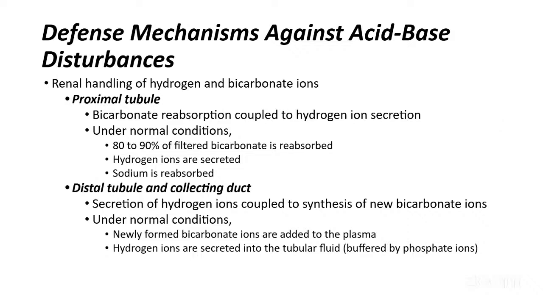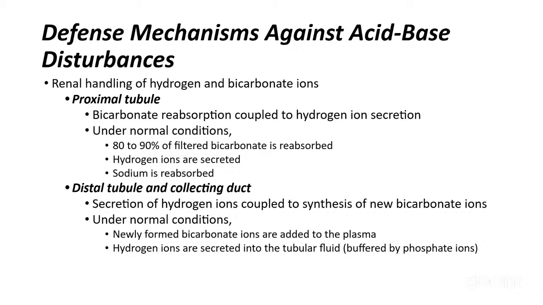So this makes a little more sense. When we're thinking about how your kidneys handle hydrogen and bicarbonate ions, we can think about what's happening in that proximal tubule, the first stretch in the nephron. We're going to find that our proximal tubule overall acts as a bulk reabsorber.